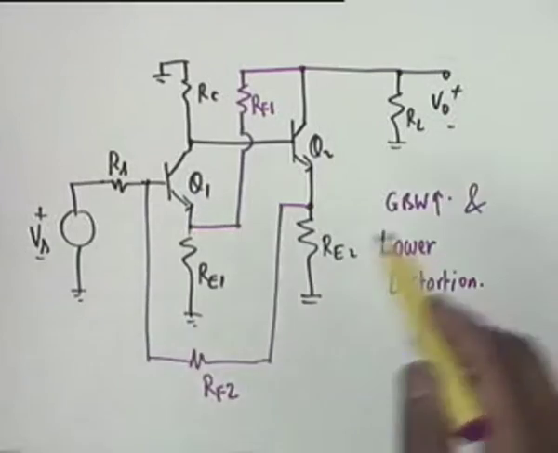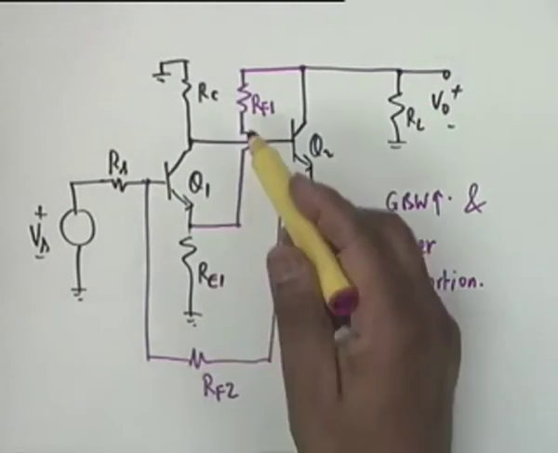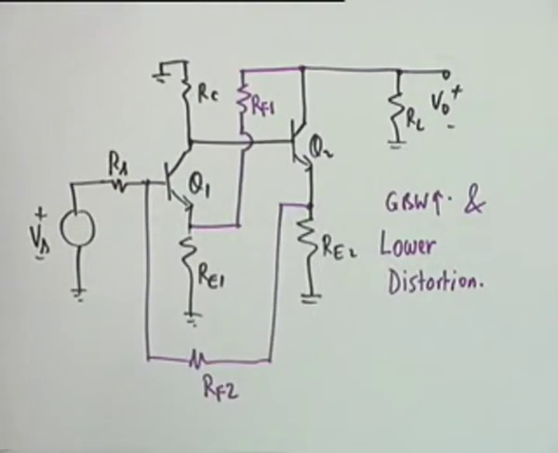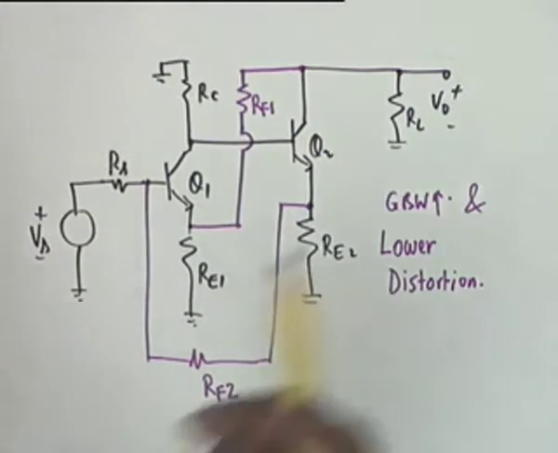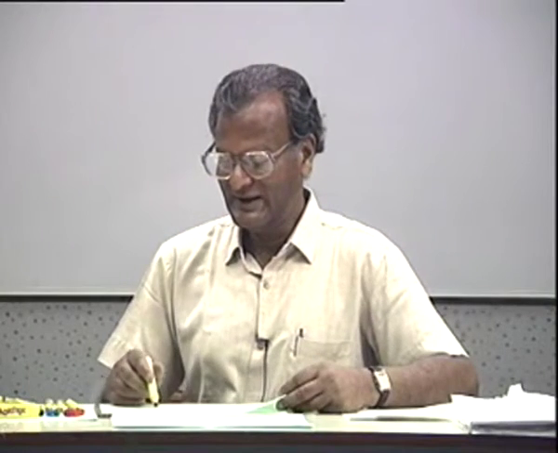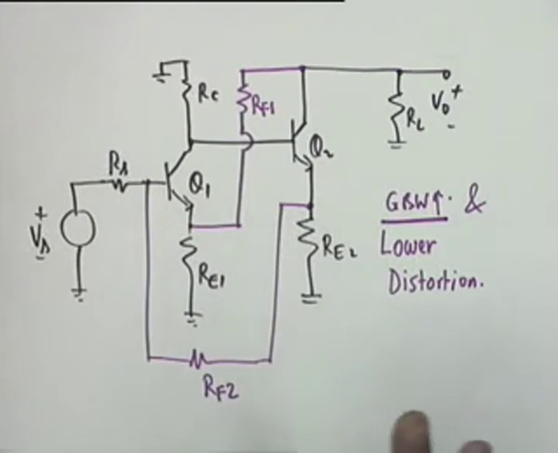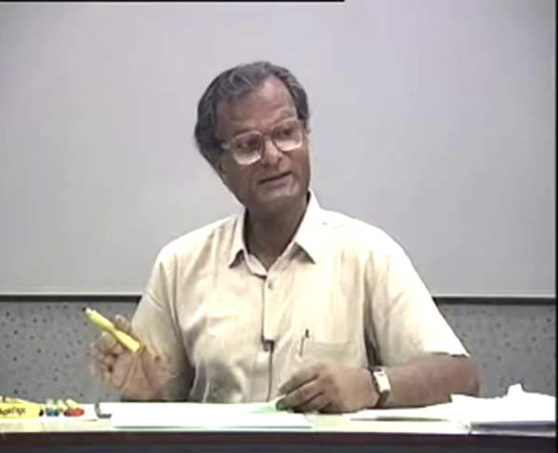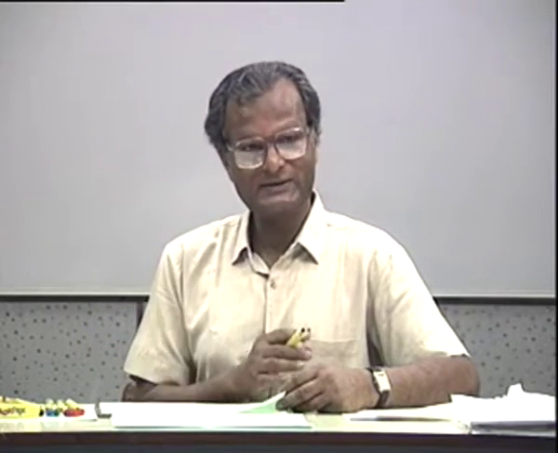Is the circuit clear? Is it clear that both are negative feedback? So what happens to the overall bandwidth? Overall bandwidth increases as compared to the single transistor or the cascade circuit. The gain also increases, and bandwidth also increases, as compared to the previous circuit.